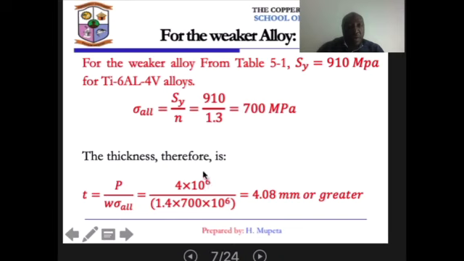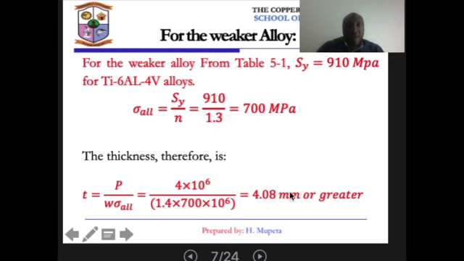And so you're going to get the force, which is 4 times 10 to the power 6, divided by the width, 1.4, multiplied by the stress here. This gives a thickness of about 4.08 millimeters or greater. The thickness can be a minimum of 4.08 millimeters or greater.